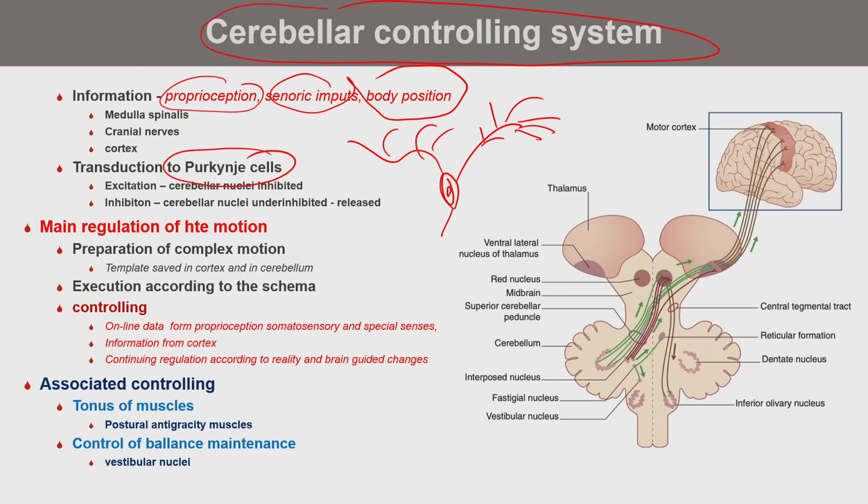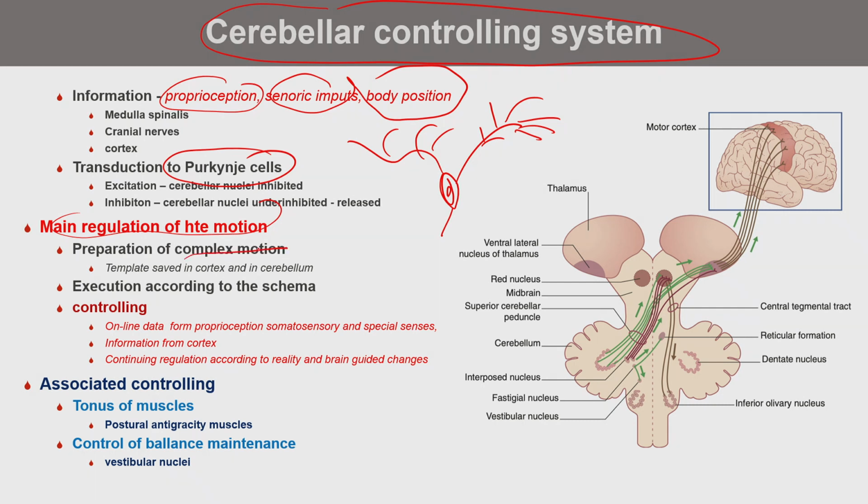They are able to inhibit the cerebellar nuclei, and this is a very important inhibition because the cerebellar nuclei are under-inhibited, so they are released. So the inhibition factor is very important. This is the main regulation of motion, the plan of a complex motion.